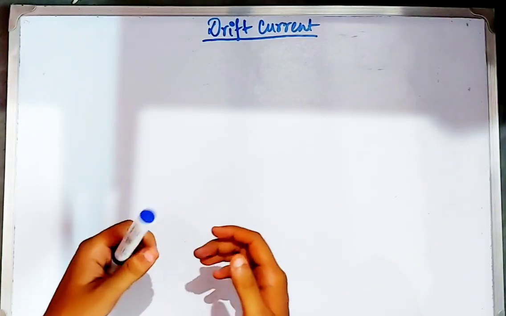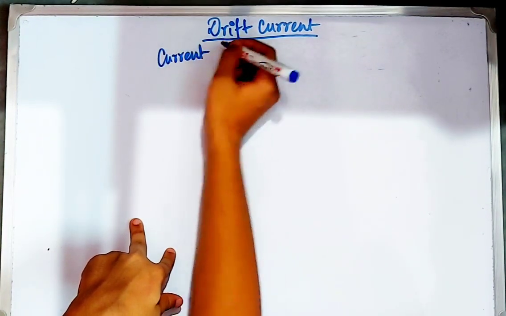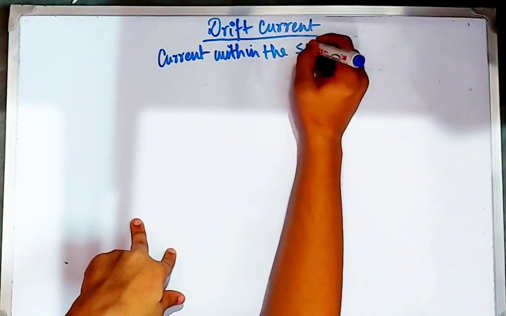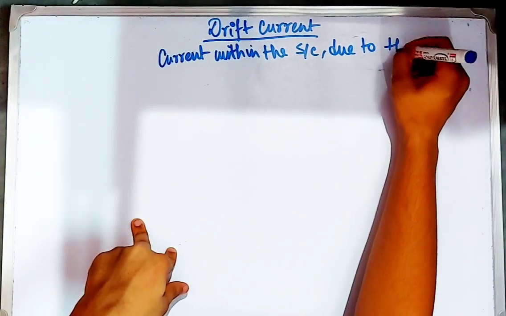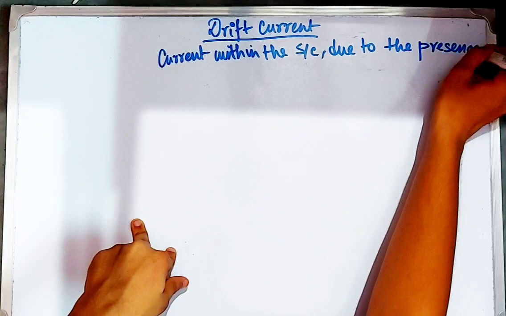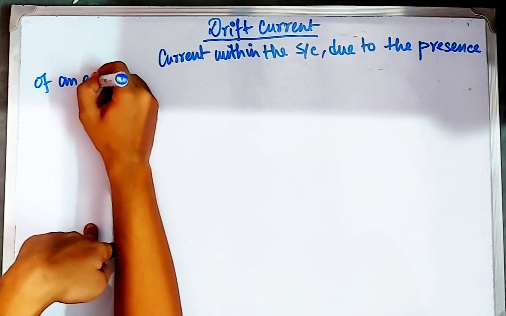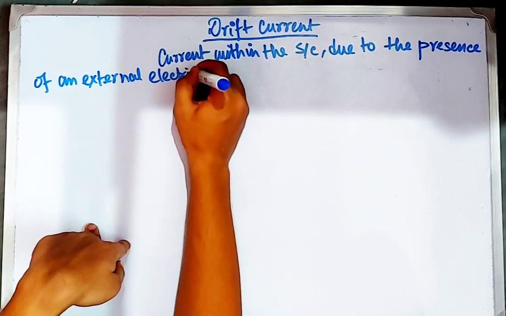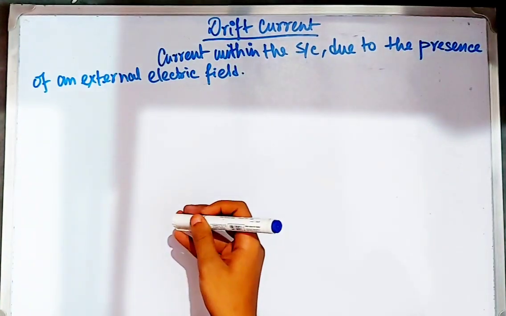If we try to define the drift current, then we can say that the current within the semiconductor due to the presence of an external electric field, that is known as drift current.